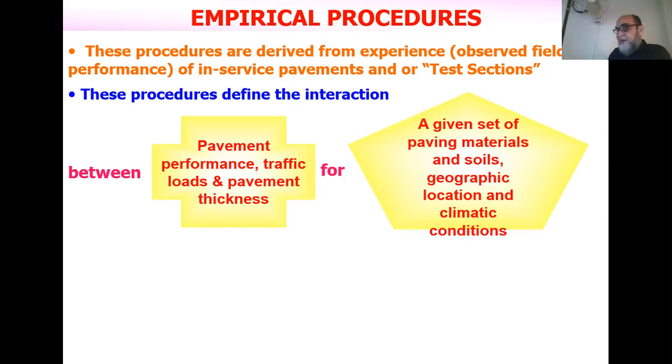But there's a problem to it. If you have constructed a road, say in Balochistan, and you want to apply the same thing in Karachi, or maybe in Islamabad, the problem is the environmental conditions vary.